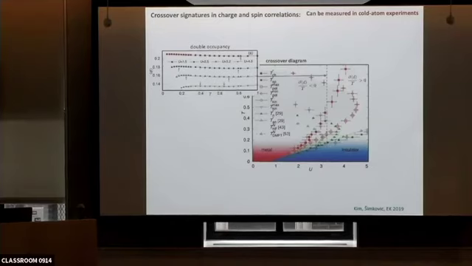It has an interesting, and as I'll argue characteristic, non-monotonic behavior, because as you lower the temperature, double occupancy first goes down, and then it starts rising again, and then it goes down.